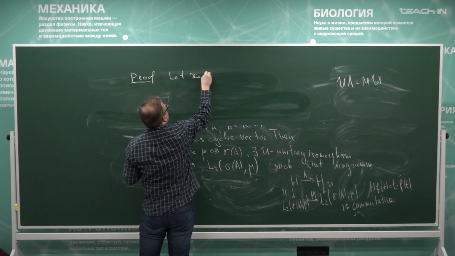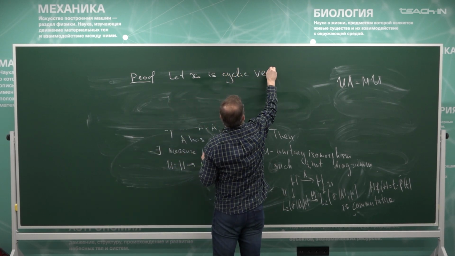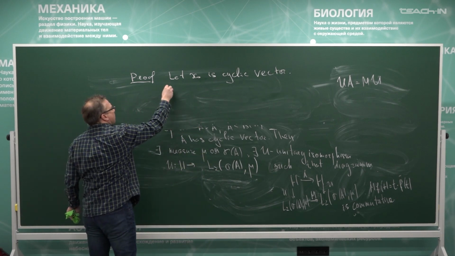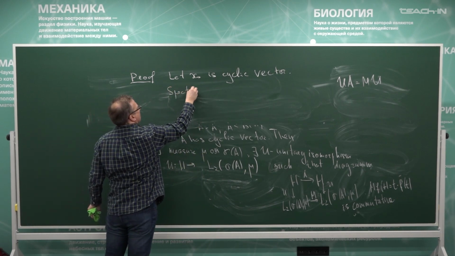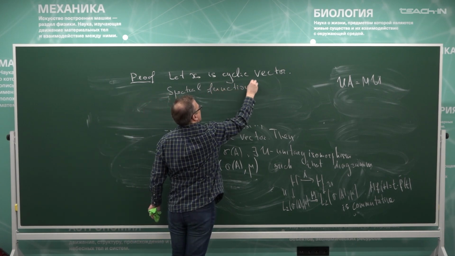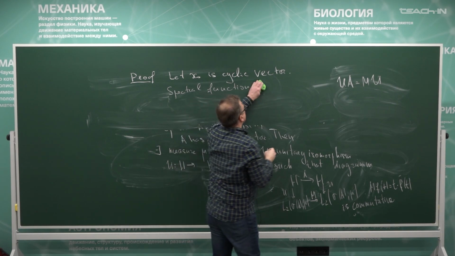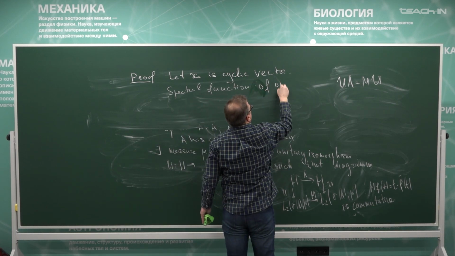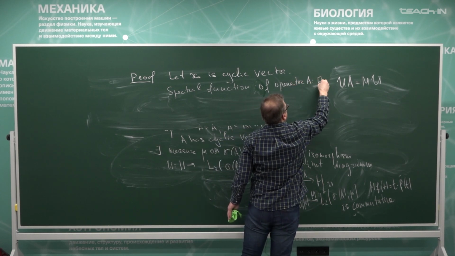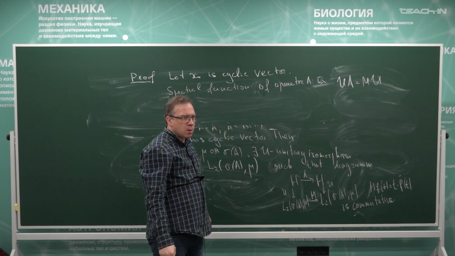Let x0 be a cyclic vector. And we have a spectral function of the operator A, E lambda, which we constructed on the previous lecture, yes?